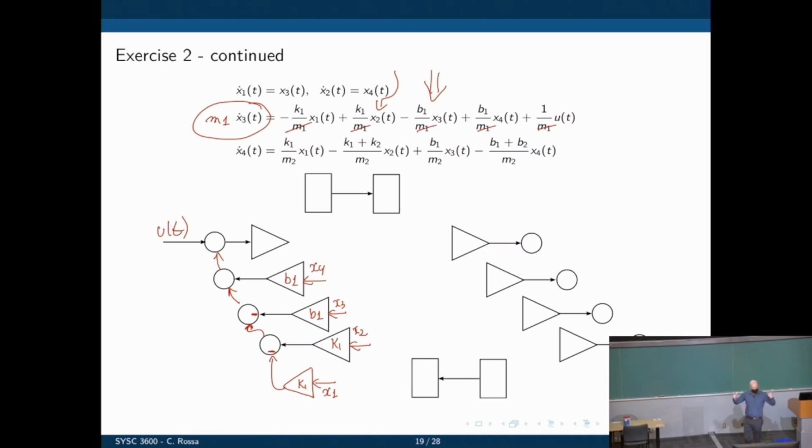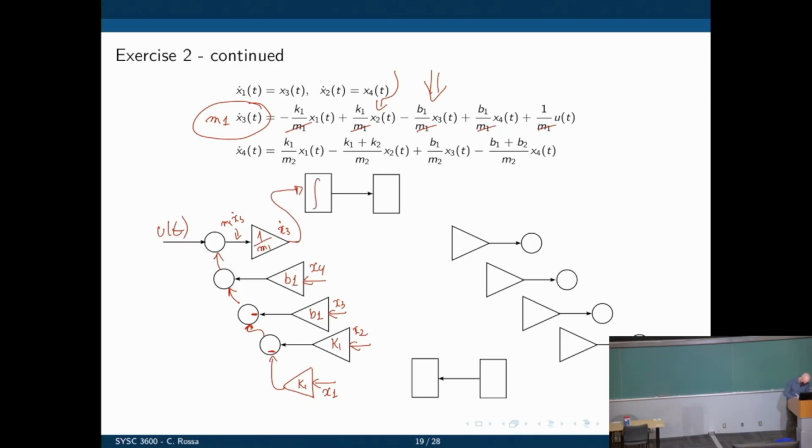All right, so when you do the entire right side of the equation, we have the left side of the equation, that's M1 times X3 dot. So it's here, M1 X3 dot. Multiply that by 1 over M1. What do we get? X3 dot. And what do we do with X3 dot? Now we can integrate that to get X3. So let's move it up here.